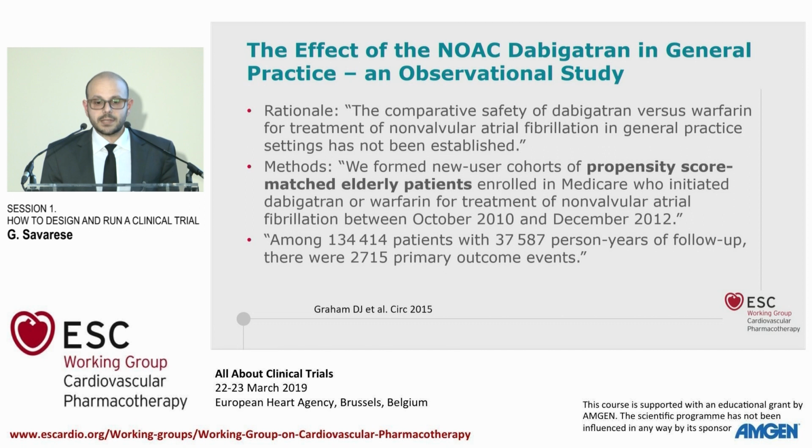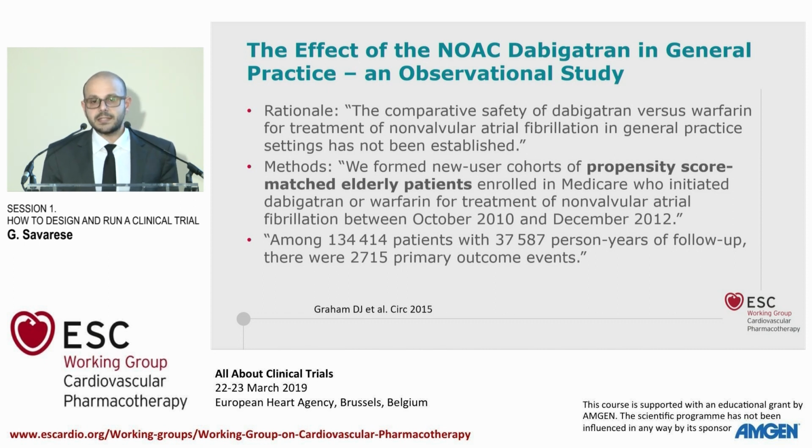As methods, the authors performed a propensity score matched study using the Medicare population and went to check patients who had started dabigatran or warfarin between 2010 and 2012. So there were around 140,000 patients and around 3,000 events.